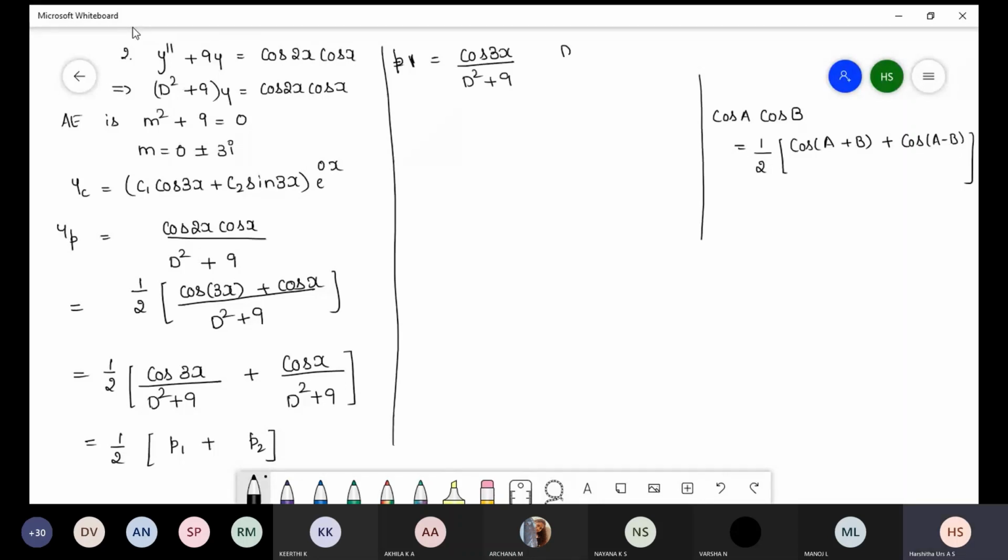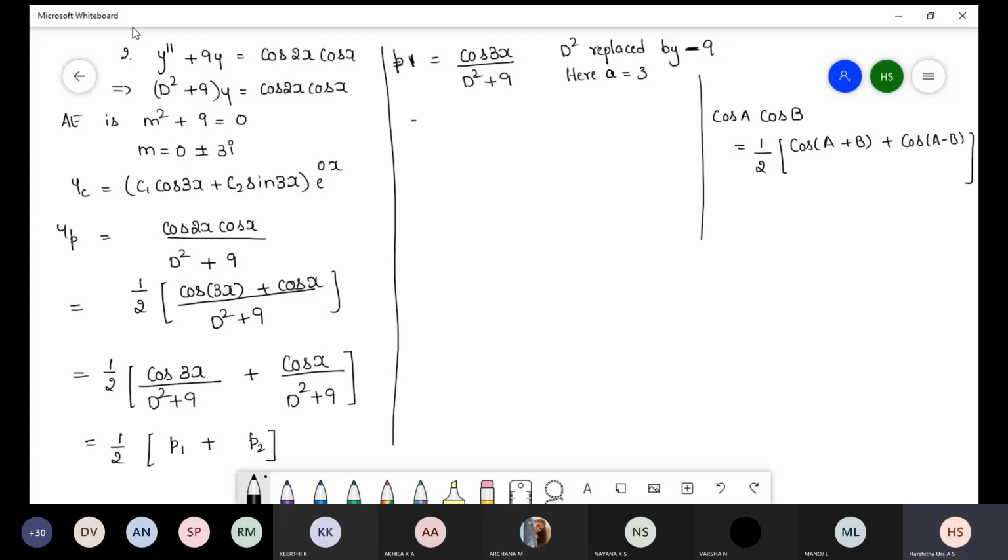D square is replaced by minus of, what is our a value? 3. Yes, D square is replaced by minus 9.